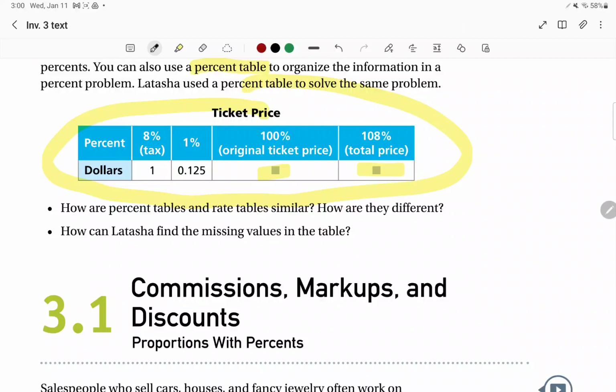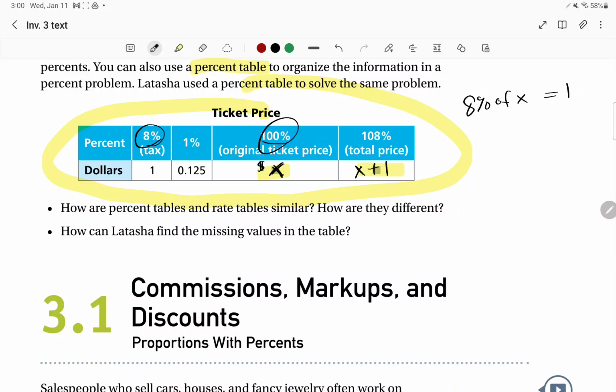We know that 8% of X, let's say that is X, 8% of X is $1. The total price, that 108%, is 100% plus that 8%, which is X plus the $1.